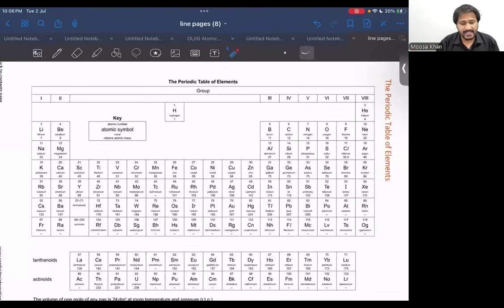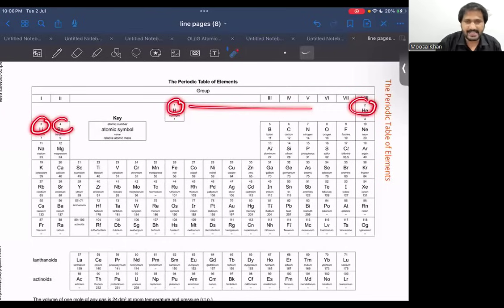Hydrogen is the first element, helium is the second element, because these elements are arranged in order of increasing atomic number. Hydrogen has an atomic number of 1, helium 2, lithium 3, beryllium 4, then boron 5, carbon 6, nitrogen 7, oxygen 8, fluorine 9, neon 10.